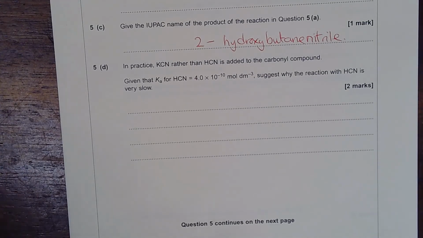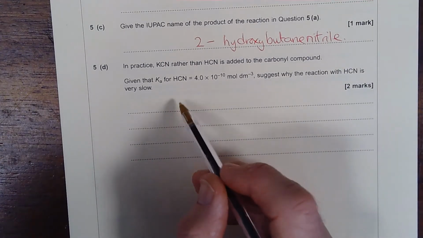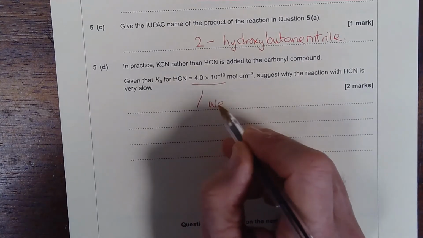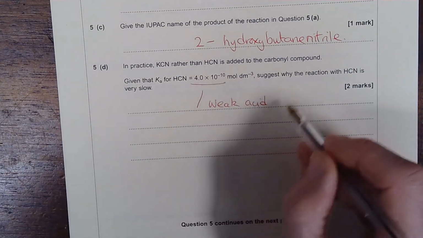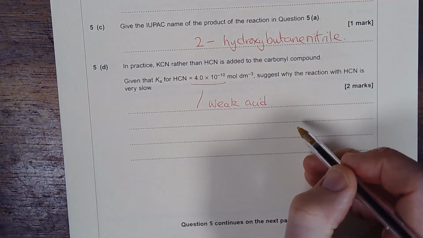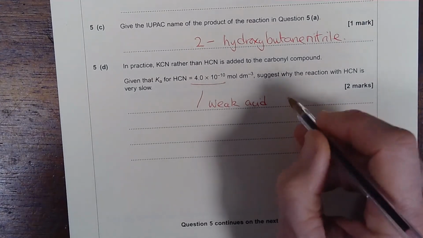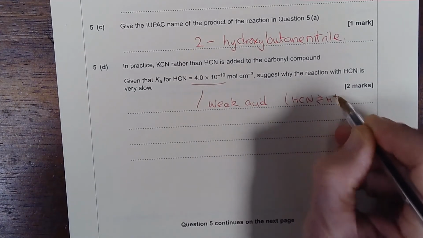Well, what that means, of course, is that the initial attack comes from CN minus, and if this is a weak acid, so you would probably immediately get a mark for identifying that it would be a weak acid, and therefore the dissociation would be small, or by writing that the dissociation of HCN into H plus and CN minus would be low.